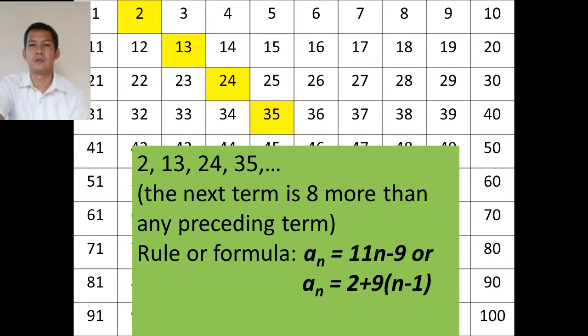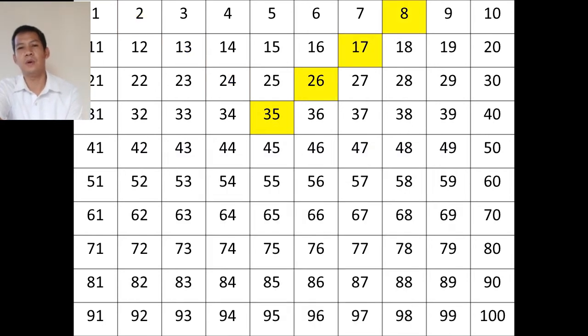Next, maybe you also have this kind of sequence 8, 17, 26, 35, or 35, 26, 17, 8. What is the pattern?